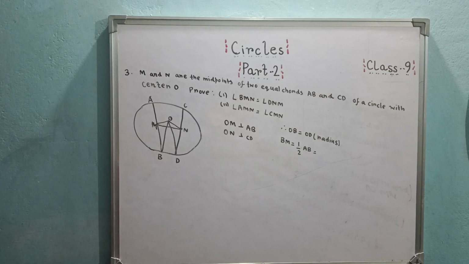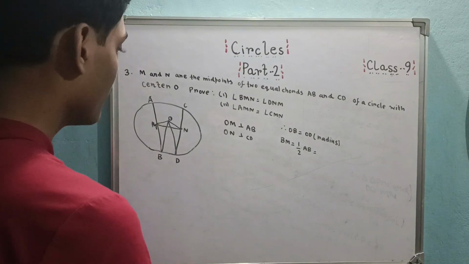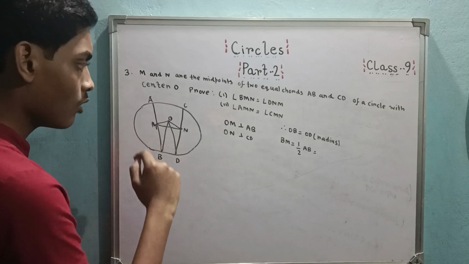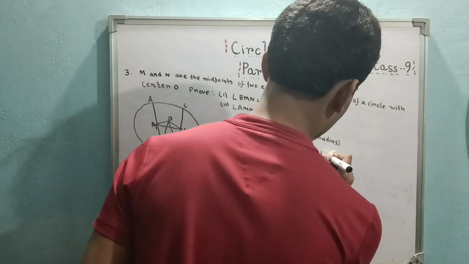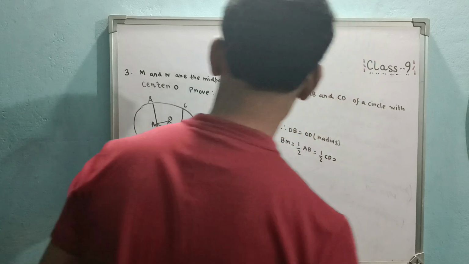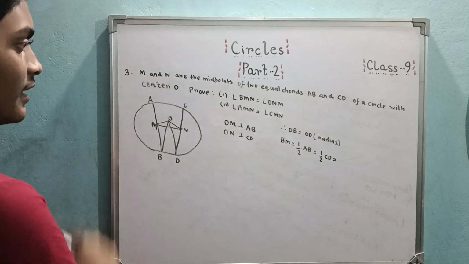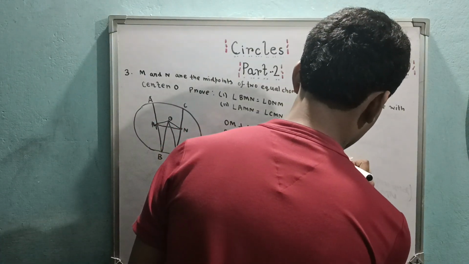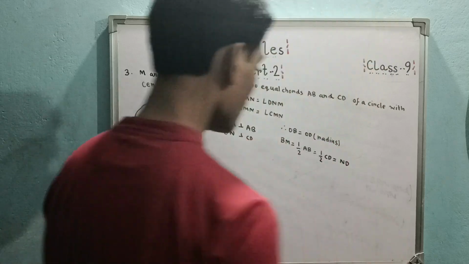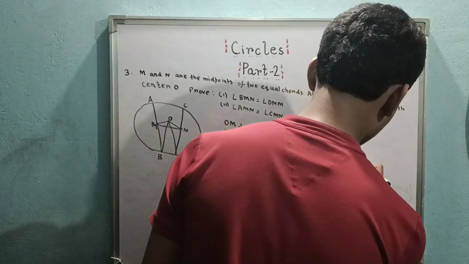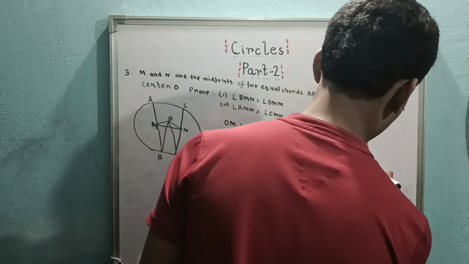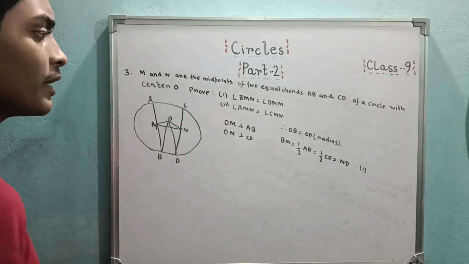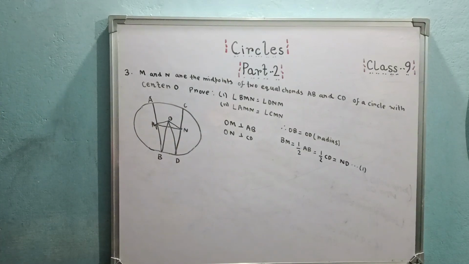As the chords are equal, their halves will also be equal. So BM is half of AB, which is equal to half of CD, and you can write that as ND. So BM is equal to ND actually. The halves of the chords will be equal, right? Because the chords are itself equal. And these halves are happening because of the perpendiculars. We know that.